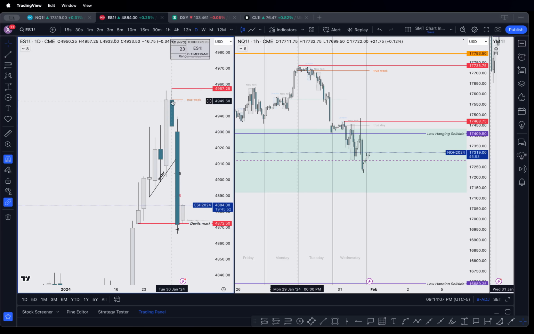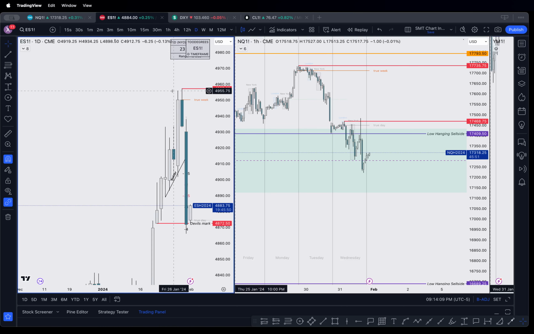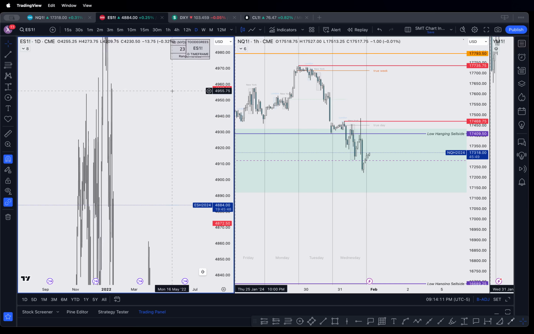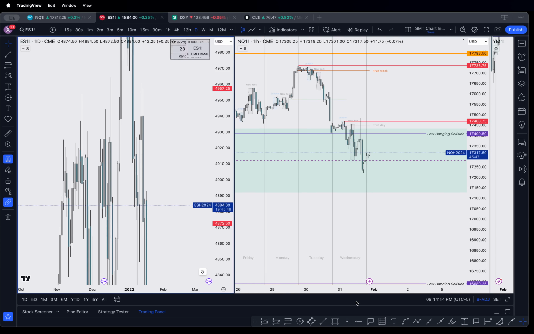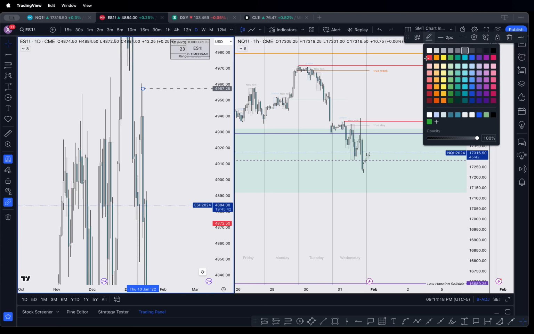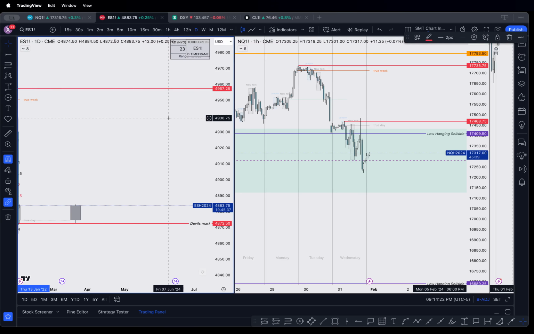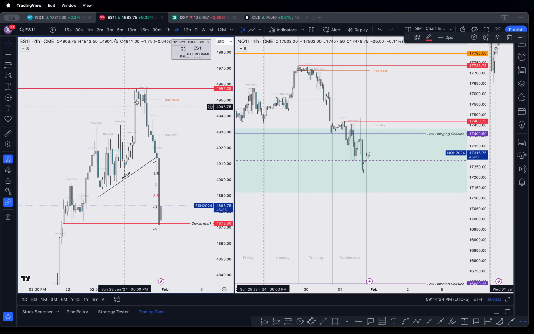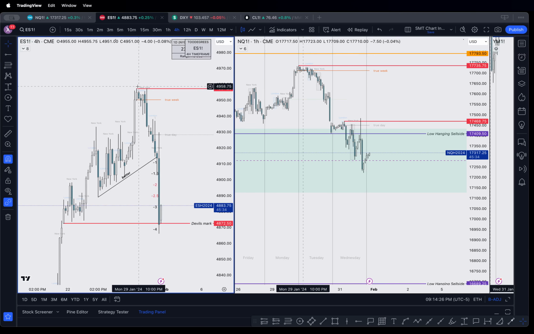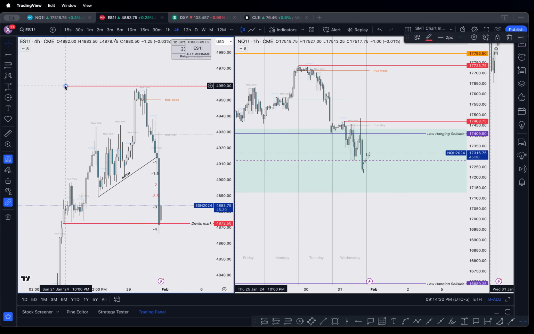You also remember this 4957.25 is also this high. Do you see that? So it's not just we put in a double top on the 4 hour. Yes, we put in a double top on the 4 hour, which is incredibly shitty. But we also put in a double top now on the daily, which for me made no sense.